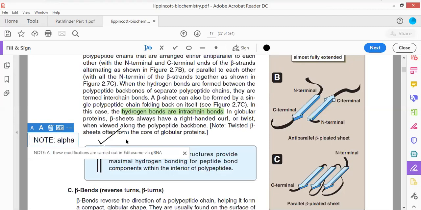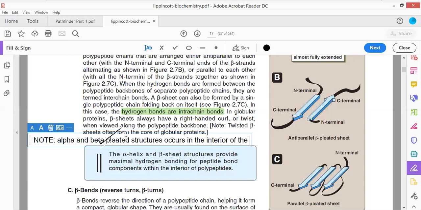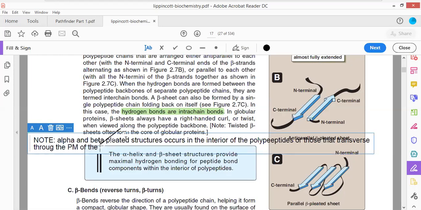Note: alpha and beta pleated structures occur in the interior of the polypeptides or those that traverse through the plasma membrane of the cell, as all amino acids in their structure have hydrogen bonding.